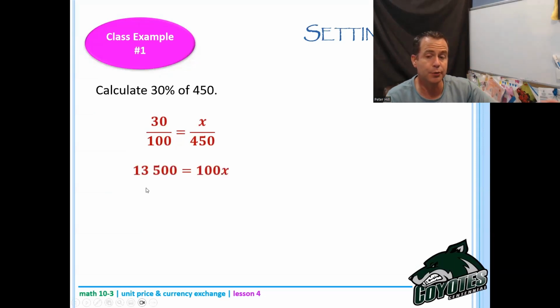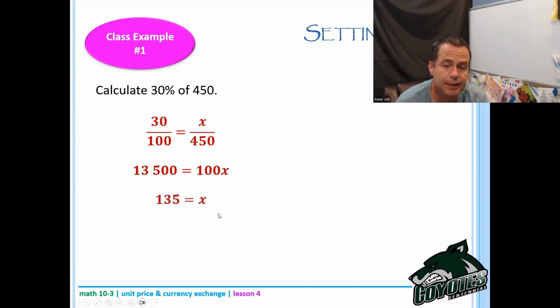That's going to give me 13,500 equals 100x. I multiplied 30 by 450, and then I multiplied 100 by the x. Now, I have to get rid of the 100 that's on the x, so I have to divide both sides by 100, and that's going to give me 135. So 30% of 450 is 135. Awesome. Okay, let's try another one.